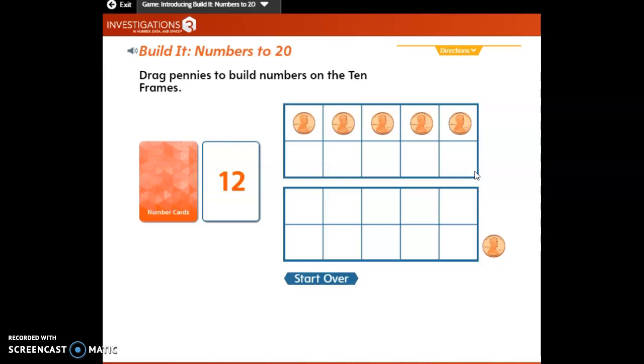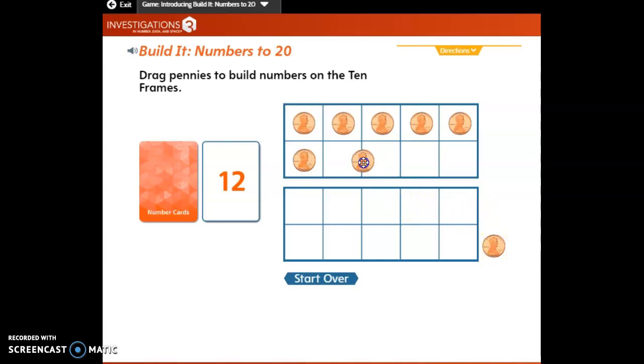If you said yes, how do you know that I'm going to fill up this whole 10 frame? Is it because you know that 12 is more than 10? This is a 10 frame, and I know that the number 12 is bigger or more than 10. So it's going to fill up this whole 10 frame, and we're going to even have some more in the next 10 frame. Let's keep counting.